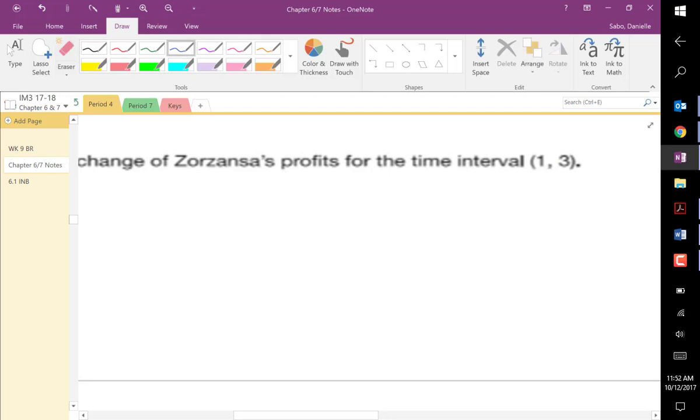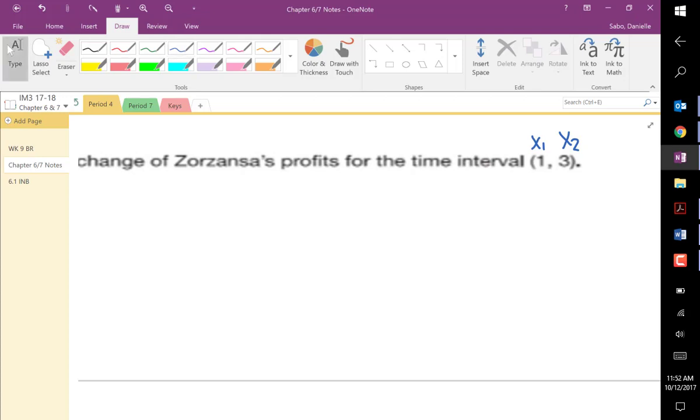I'm telling you from time, 1 year to 3 years. So this is going to be my X1, and this is going to be my X2. And that should make sense because if I give you like 500, you'd assume it'd probably be Y. But I don't even have 500 on my graph, so I shouldn't even be doing profit.